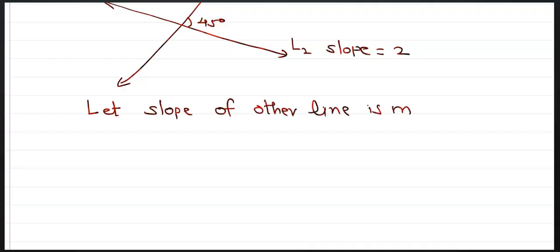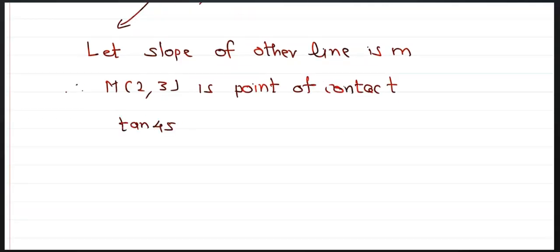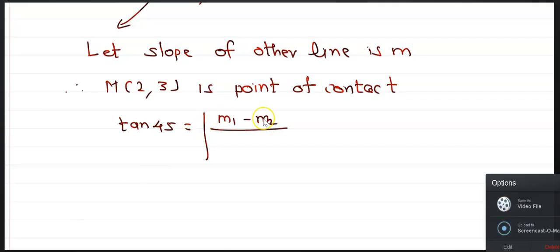Slope of the other line is m, and that line passes through the point (2, 3), which is the point of contact. Tan theta is equal to (m1 minus m2) upon (1 plus m1 times m2). That is the angle between the two lines.